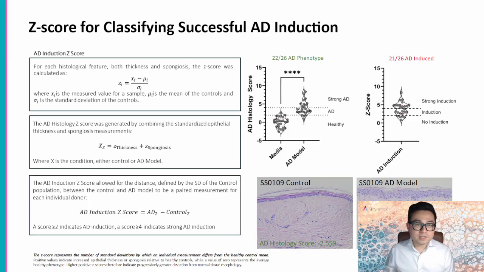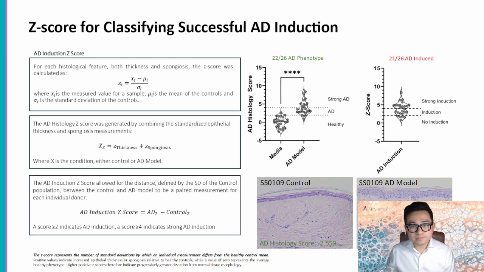Then the Z-score that you obtain for thickness or spongiosis can be combined for a total histology score, which allows for the distance between AD induction and healthy controls to be measured for each donor. For example, here in this image, the healthy control has a negative histology score, and the AD has a positive histology score, far higher, and a far higher induction score.